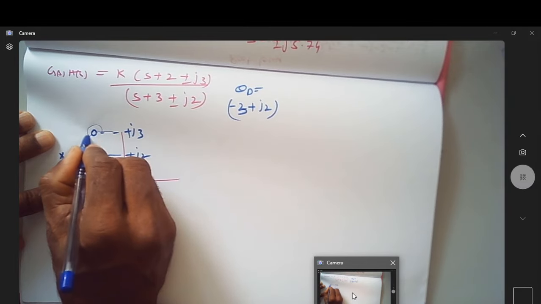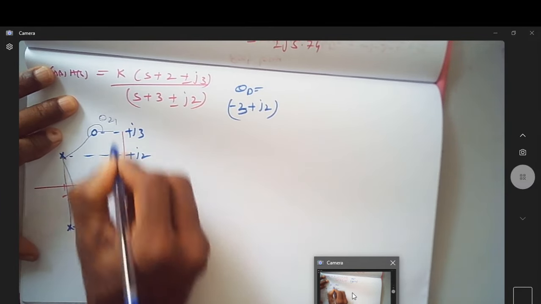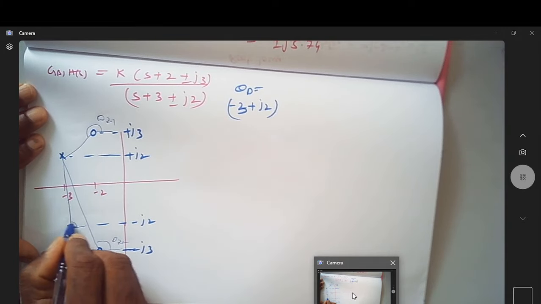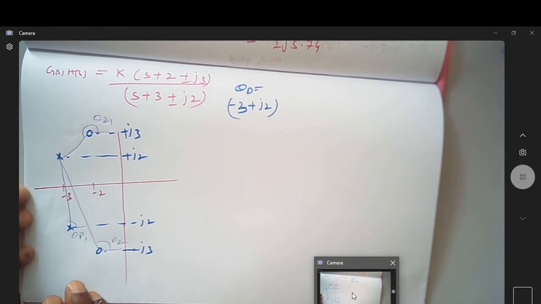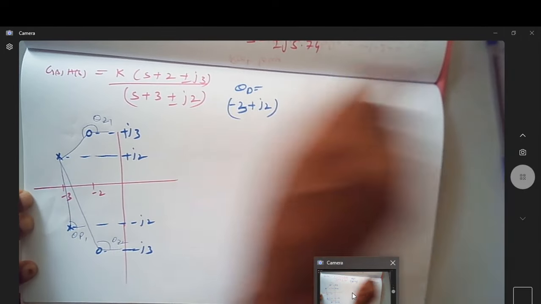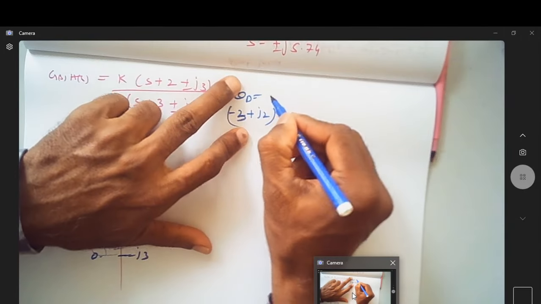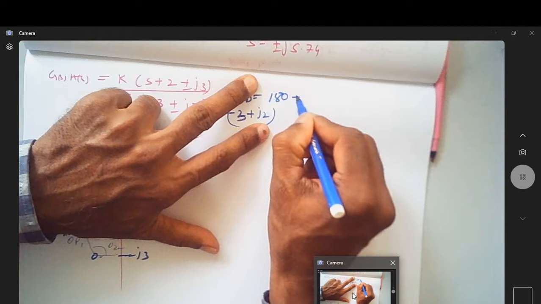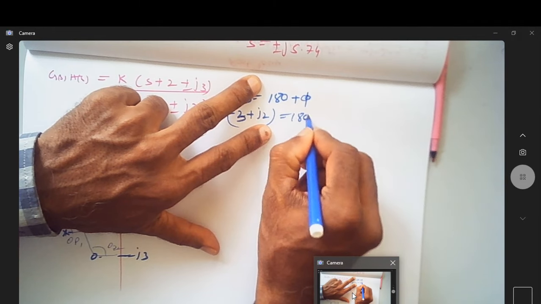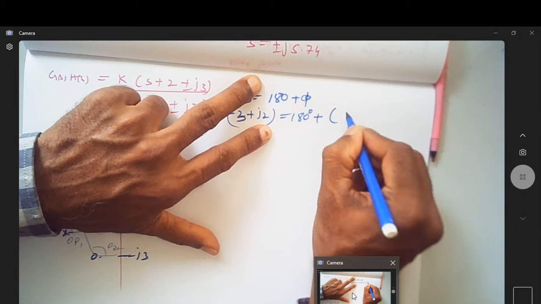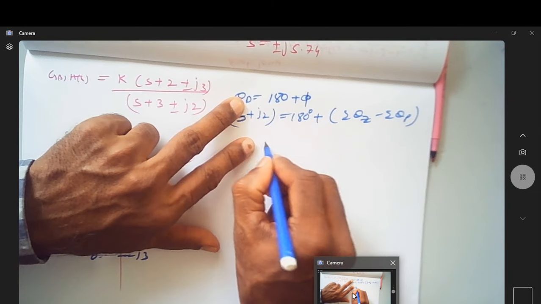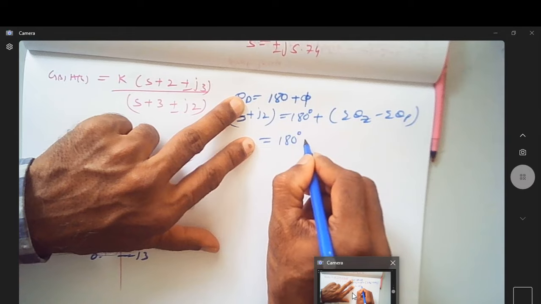So this is theta z1, this is theta z2, this is theta p. So we have two zero angles and one pole angle. So this is actually phi d equals 180 degree plus summation theta z minus summation theta p.